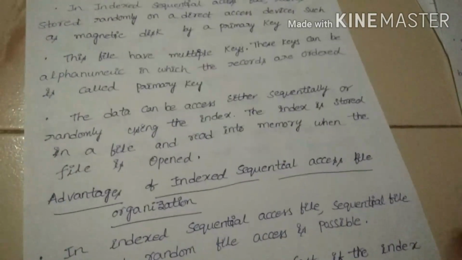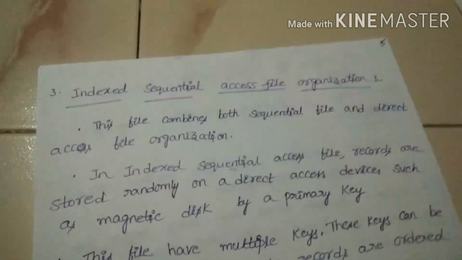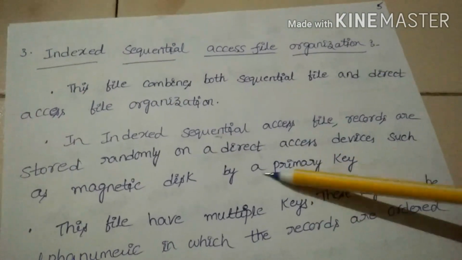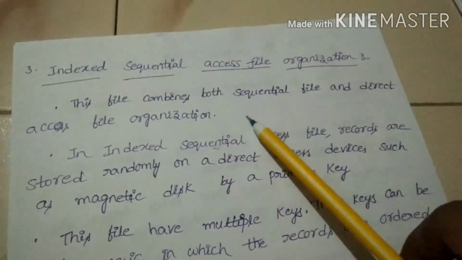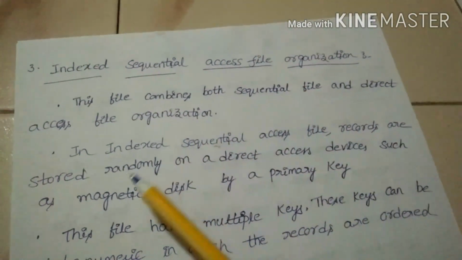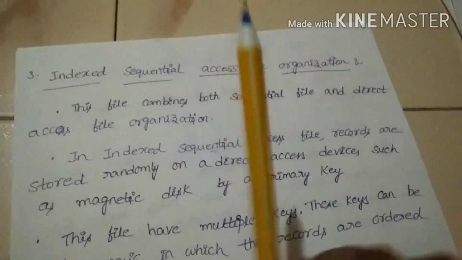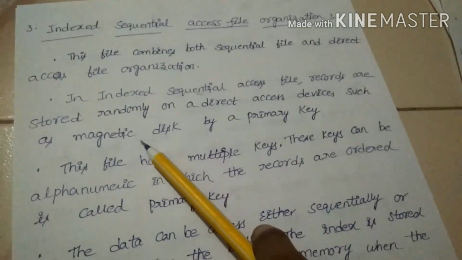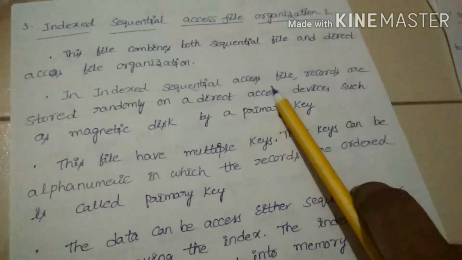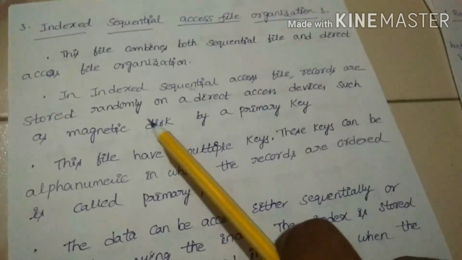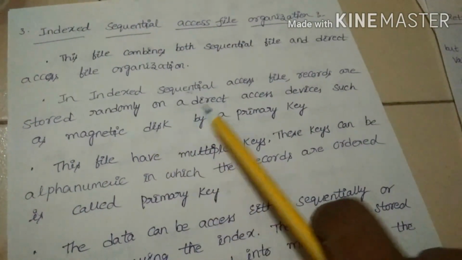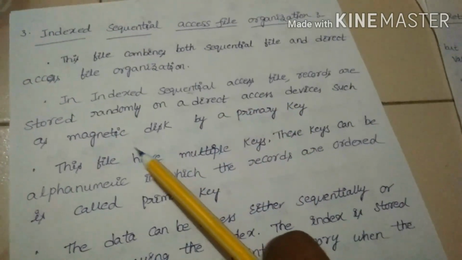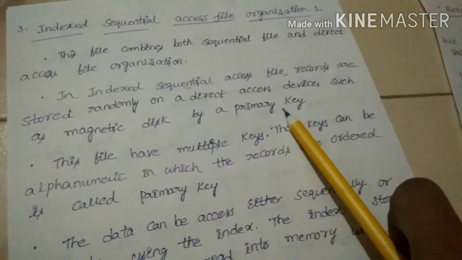Next one, the last type, is indexed sequential access file organization. This file combines both sequential file and direct access file organization. In an indexed sequential access file, records are stored randomly on a direct access device, such as a magnetic disk, by a primary key.